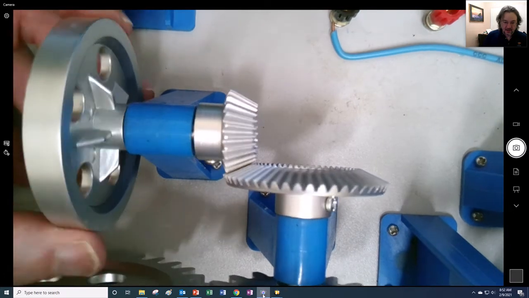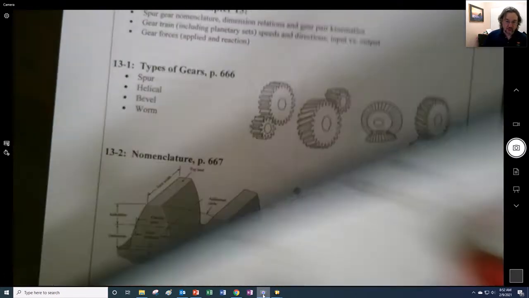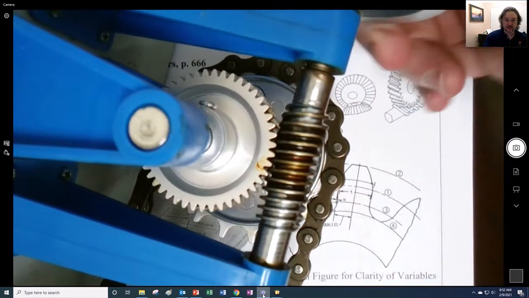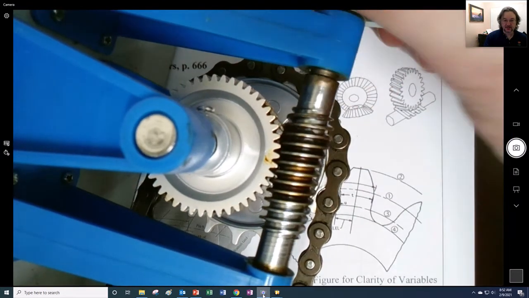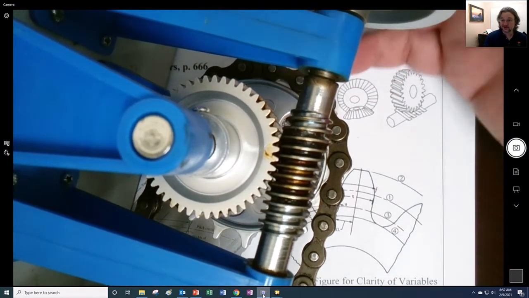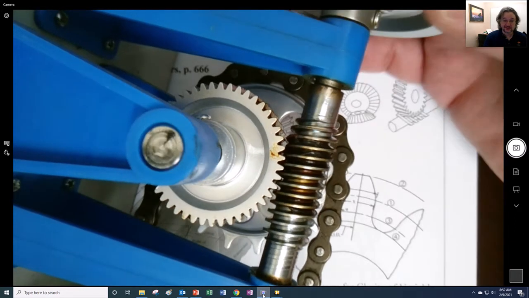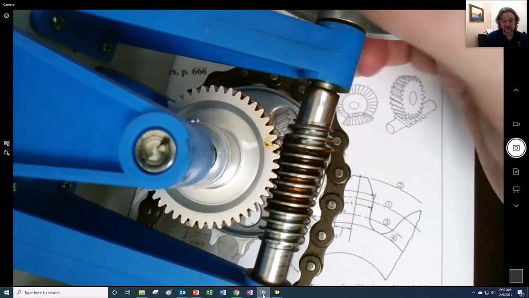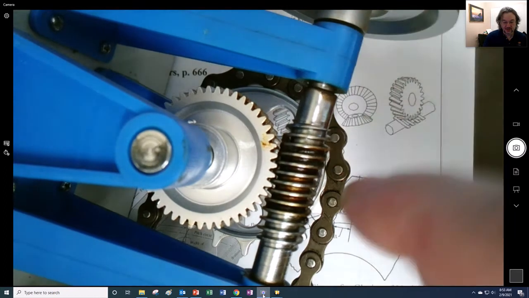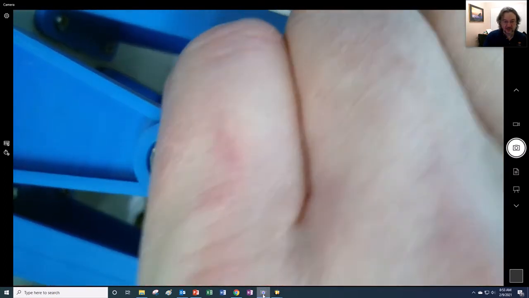And then worm gears. So now we have a worm gear. It looks like this right here, and you've probably seen this before. Guitar tuners are like a worm gear. What's interesting about these is you can't make this rotate by turning this, right?